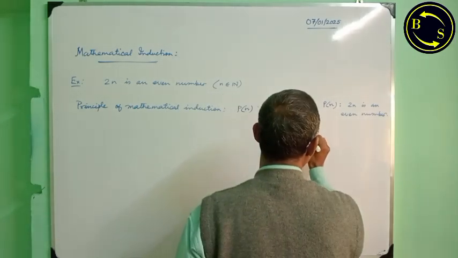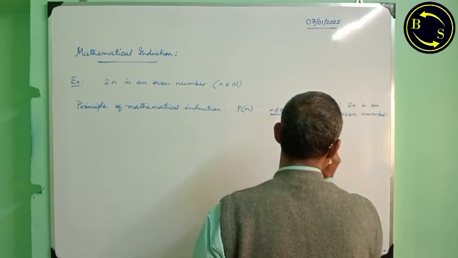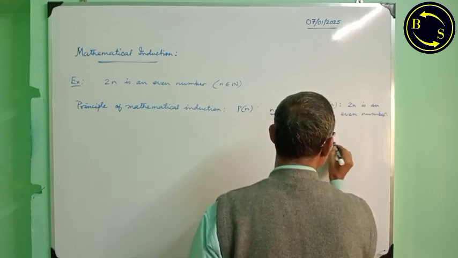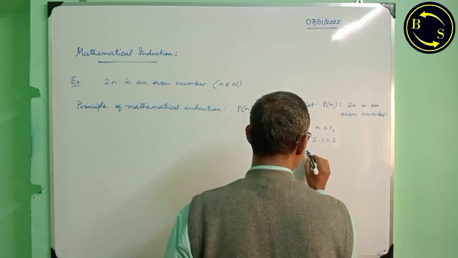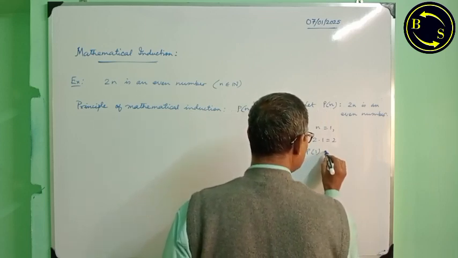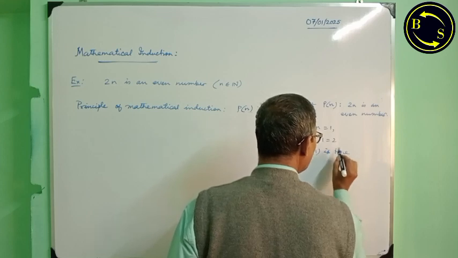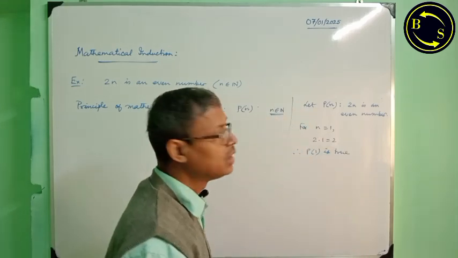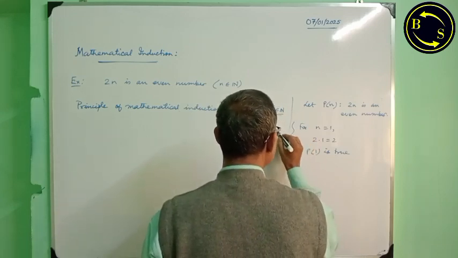For n equal to 1, 2 into 1, that is 2, we conclude P1 is true. 2 is an even number. Next, this is called the basic step.